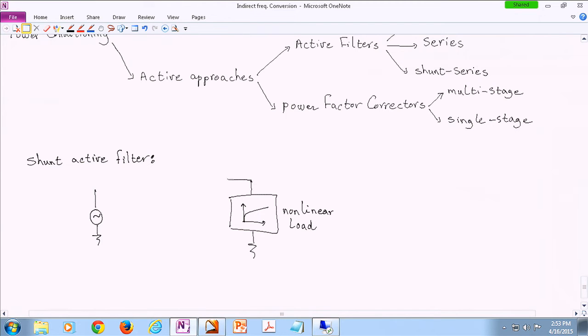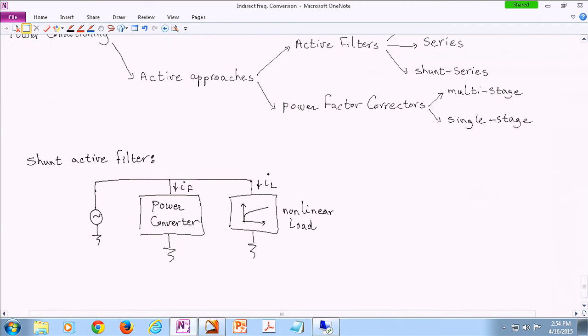Which is drawing some non-ideal current from the source, I load. And then what we do is we use this power electronic converter over here. Let's call it I sub F, as in filter.